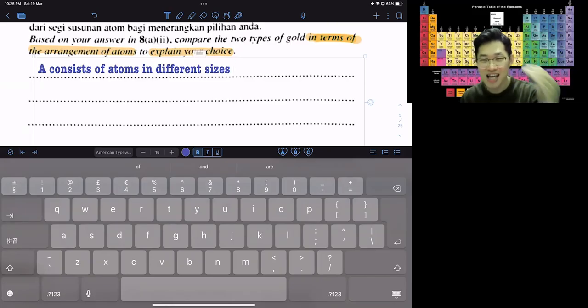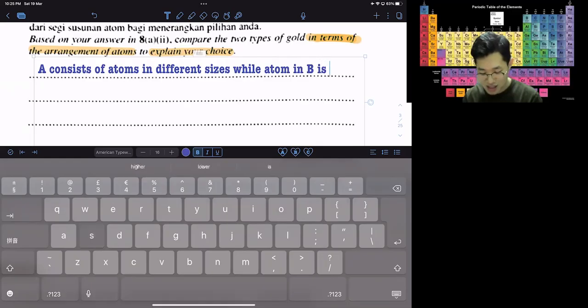Say atoms in A have different sizes, like that. While atoms in B are the same size.